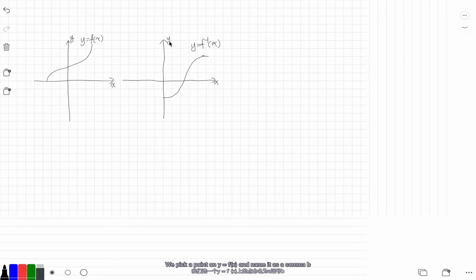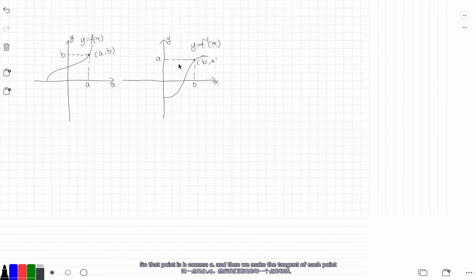We pick a point on y equals f(x), which has x equals a and y equals b. On the right, we could find a point which has x equals b and y equals a. So that point is (b, a).